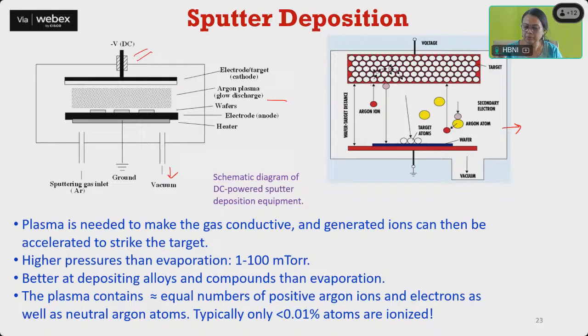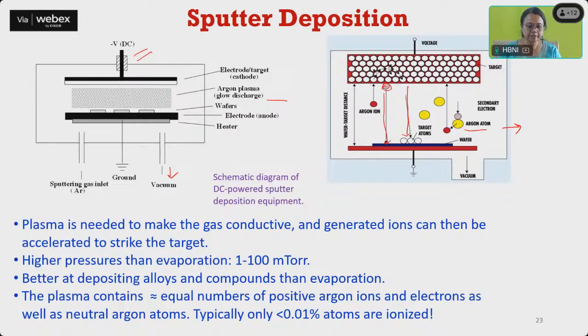An argon ion is coming and bombarding here, and one atom is getting dislodged, which comes and settles here. The argon atom can also interact with the target atoms coming down, and there can be resputtering also. So the argon atom can collide with the coming atoms, and because of that the deposition rates are very less.